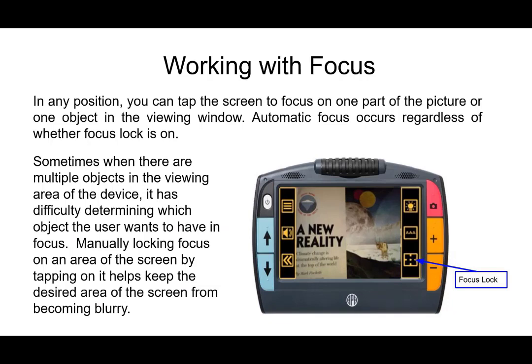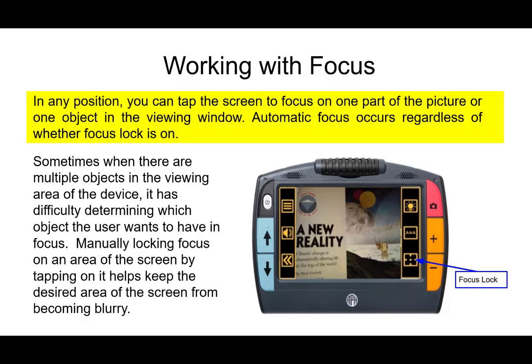Another part of using a video magnifier that is important is focus. So in any position that you're in, whether it's self-view or spotting or any of those that we talked about in the previous video, you can tap that screen focus button, the focus lock, to have that turned on and off.